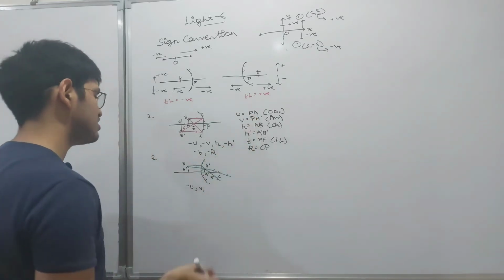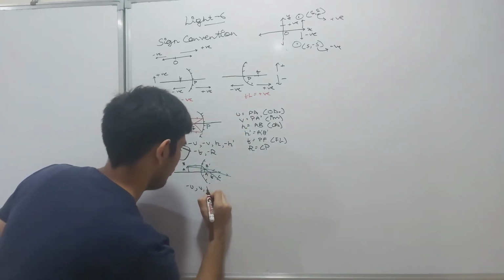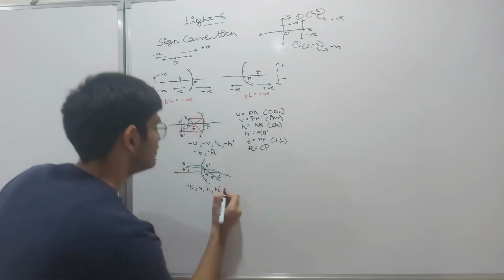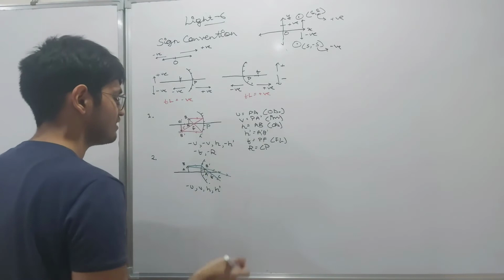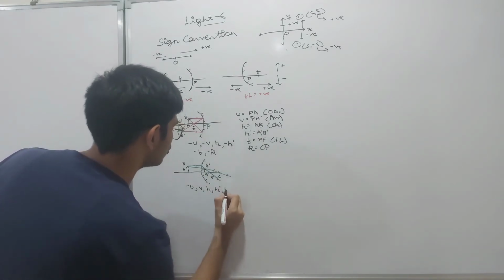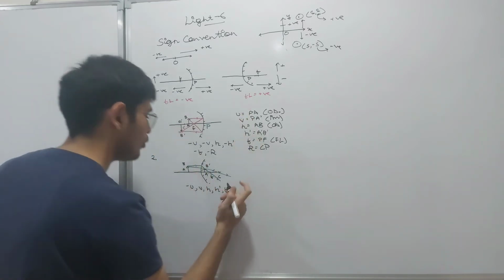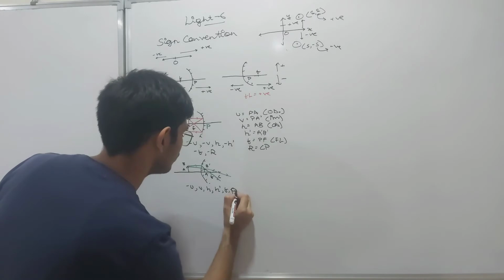Now h, principal axis above, so it will be positive. h dash, above the principal axis, it will be positive. Similarly f is what? Pole, and on the right side of the pole, means f will be positive. Similarly c, right side of the pole, means it will be a positive quantity.